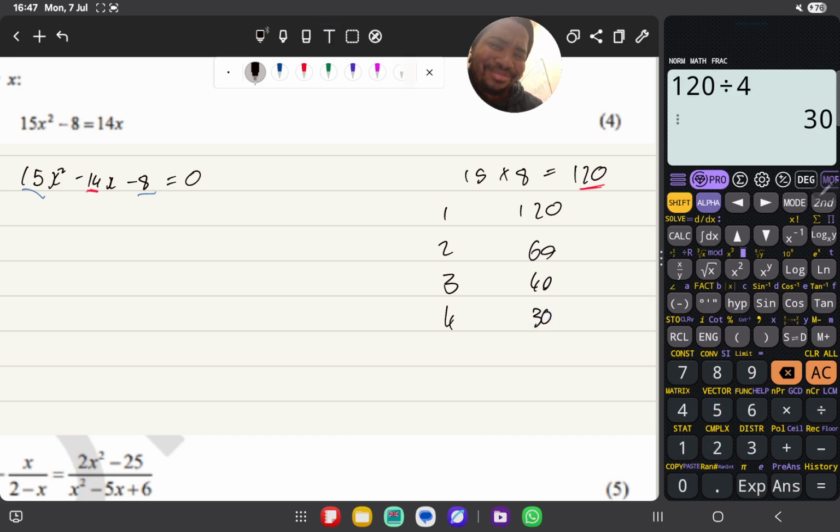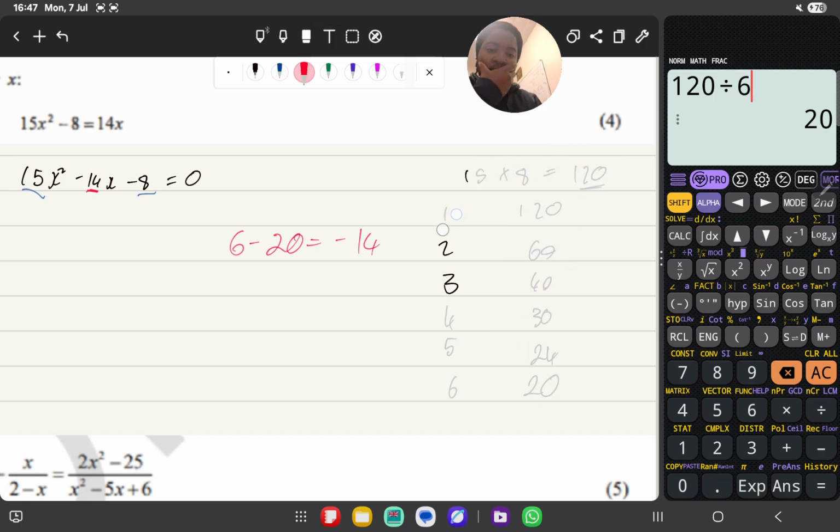No. Then 5, it has to be 24. 6, and so we haven't got a pair that gives us 14 when you add or subtract. So now it's 20, and I will stop here because this is the pair that gives us the middle number. Look at this: 6 minus 20. How much am I going to get? I'm going to get minus 14, which is really beautiful. So cool stuff.